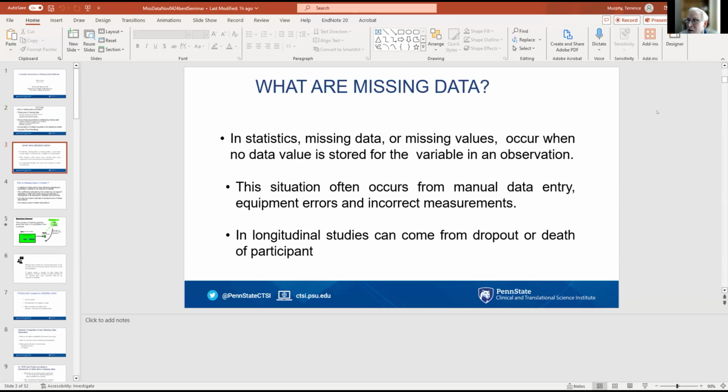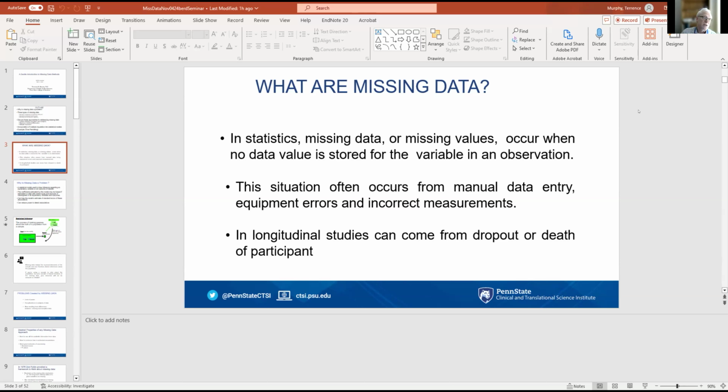So what are missing data? Well, it's pretty much exactly like you would expect. If you have observations of data, say persons, and you are observing many variables from each person, then missing data is when any one of those variables is missing a value. This often occurs from mistakes with manual data entry, and it can happen from automatic data storage making mistakes or just incorrect measurements.